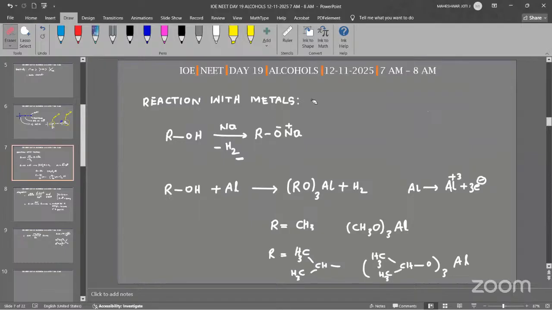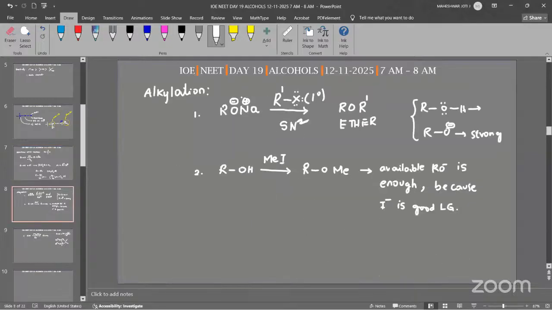In reaction with the metals, oxygen hydrogen bond cleavage can be observed, right? In alkylation reactions also, oxygen hydrogen bond cleavage occurs. So in reaction with metals and reaction with alkyl groups or alkylation, which bond cleaves? The oxygen hydrogen bond of alcohols cleaves, right?